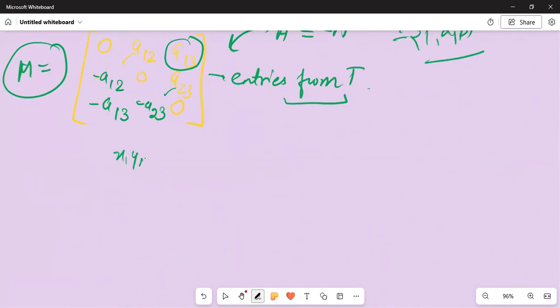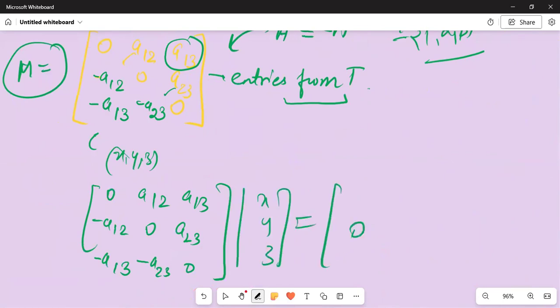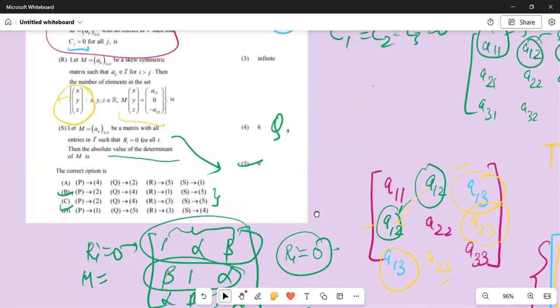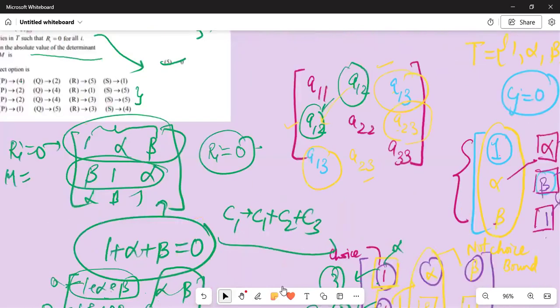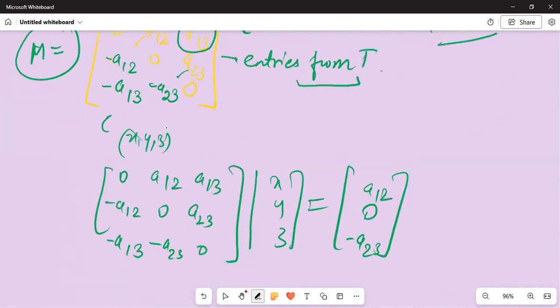You multiply XYZ with this M, and you get A12, A13, minus A12, 0, A23, minus A13, minus A23, 0, and this equals A12, 0, minus A23. So we have to find how many such vectors are possible.